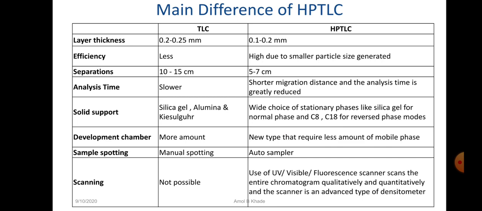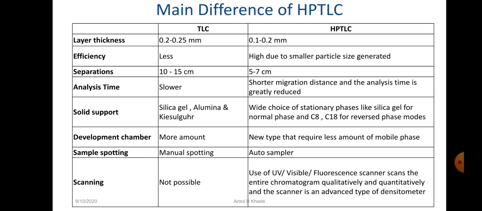Then coming to sample spotting, TLC is usually used for qualitative analysis, and to some extent, with a particular concentration, we can also use TLC for quantitative analysis. But in TLC we need to spot our samples manually, which creates a problem in quantification. Whereas in HPTLC, due to the availability of an autosampler, we can spot the sample very accurately on a plate, which makes our quantitative analysis very reproducible.